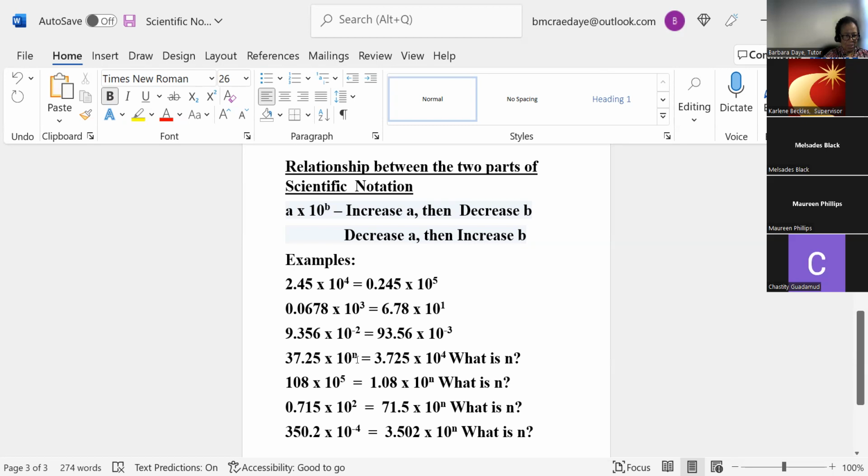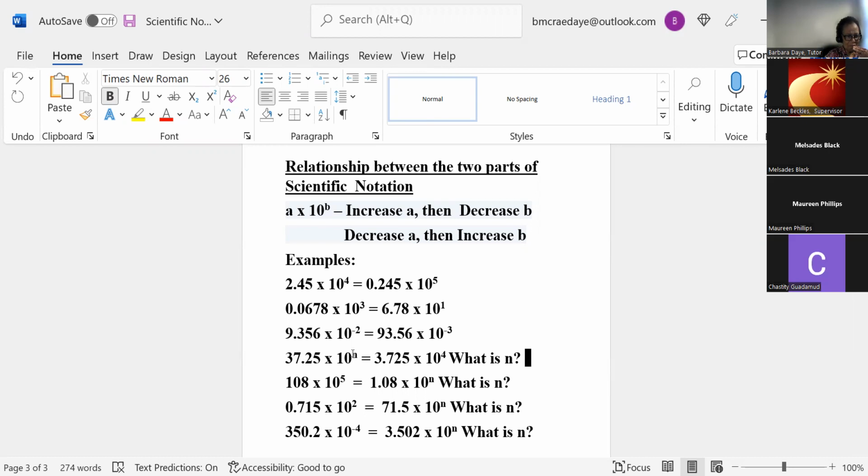In other words, what is the power here if I'm going from 37.25 to 3.725? That's a decrease, right? So if that's a decrease, then what must this N be? Maybe 1.